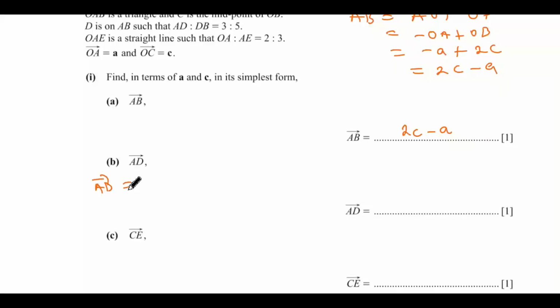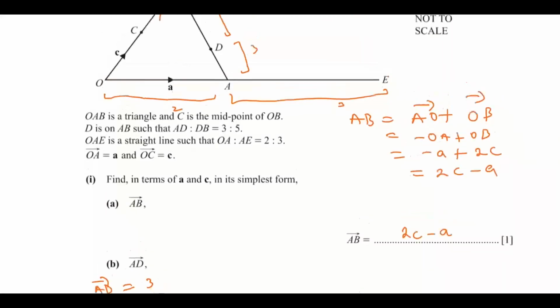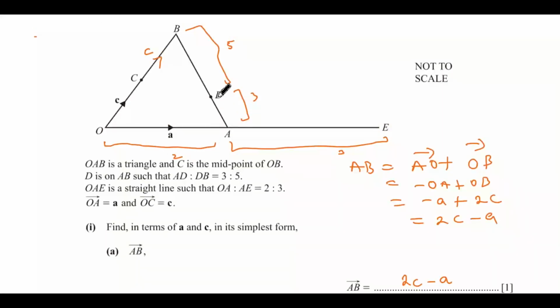Vector AD equals the ratio of AD over the total ratio, that is 3 plus 5, which is 8, because AD and DB are in the ratio 3 to 5.